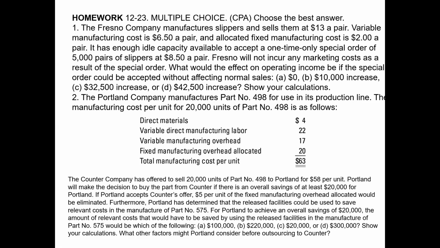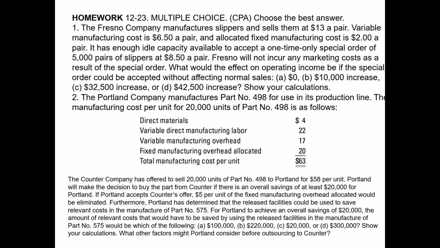So that needs to now be included in our analysis, because our fixed manufacturing will in fact be reduced if we no longer produce this part. That fixed manufacturing would not be borne on other products or other parts that they manufacture.